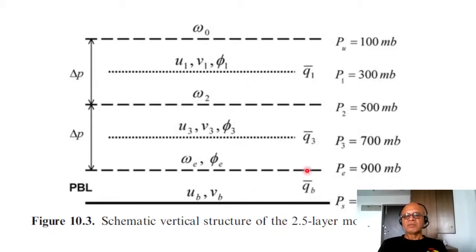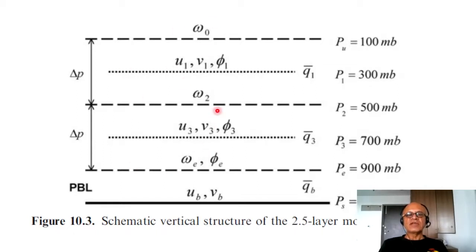So you have the boundary layer, with 1000 millibar at the surface and 900 millibar at the top of the boundary layer. You have boundary layer velocities UB and VB, and humidity Q bar B, which is very critical because this is what drives the moisture mode or the moisture dynamics that creates instabilities and drives convection and so on and so forth.